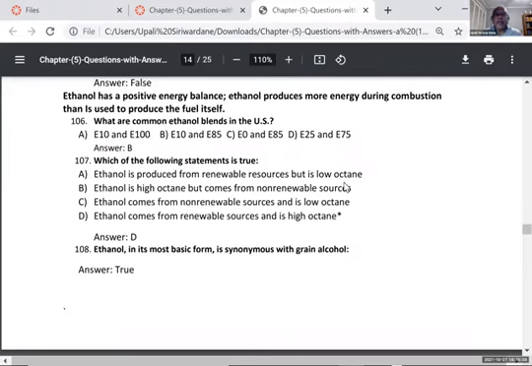Then, what are the common ethanol blends in the United States? 10% and 85%. Those are the common blends.